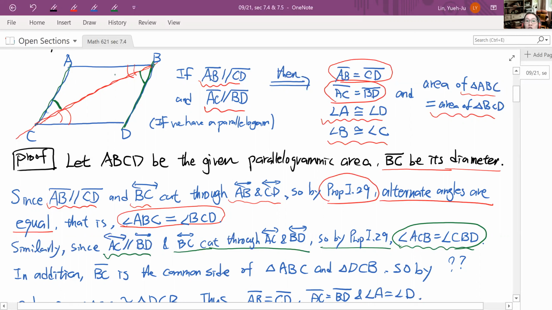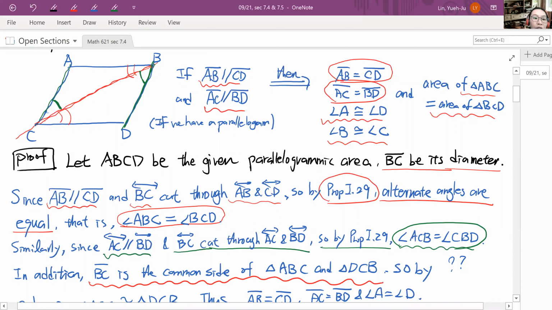Now my goal is to compare the triangles ABC and BCD, which is already in the picture. If you compare these 2 triangles, we realize that we have a common side, which is essentially my diameter BC.